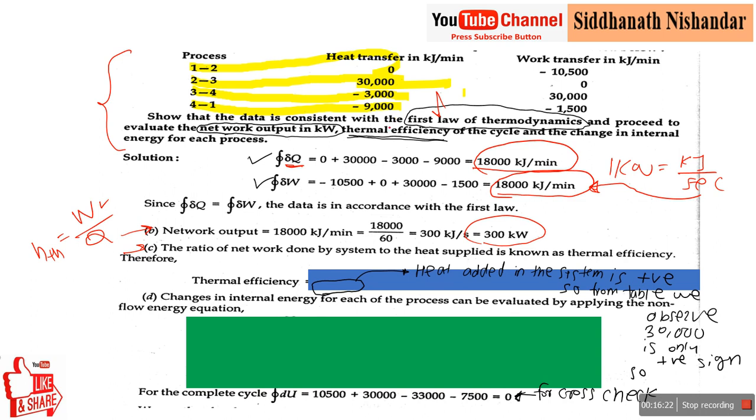The first is 0, so there is no heat addition. Process 3 to 4 has a minus sign, which indicates heat rejected. Process 4 to 1 also rejects heat because of the minus sign. But focus on process 2 to 3, which has the positive sign. So from the table I conclude that the heat added in the process is 30,000.